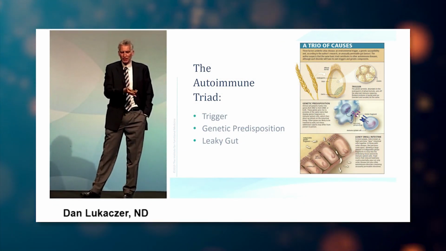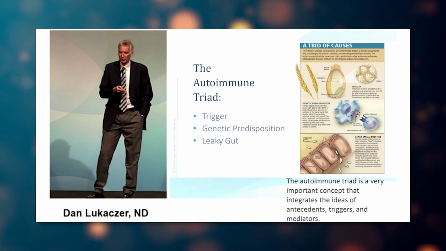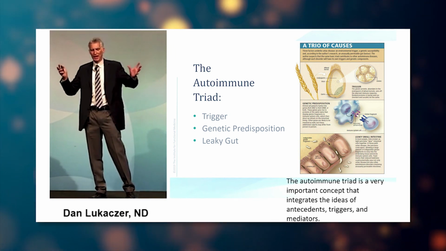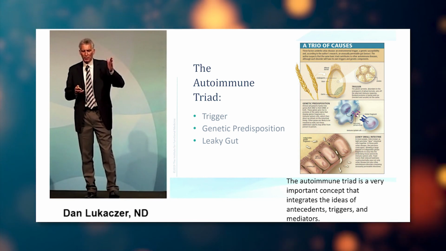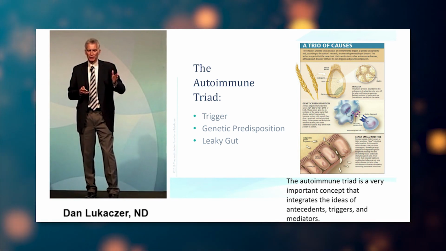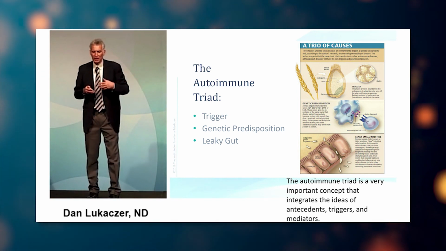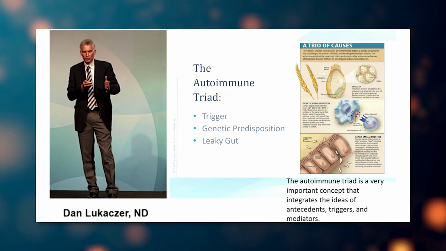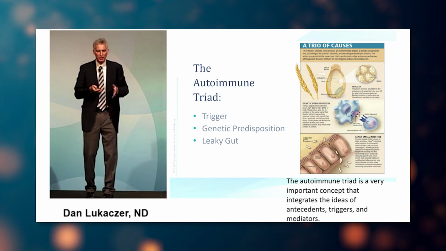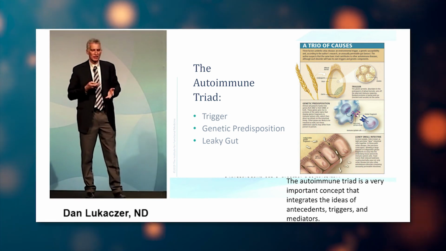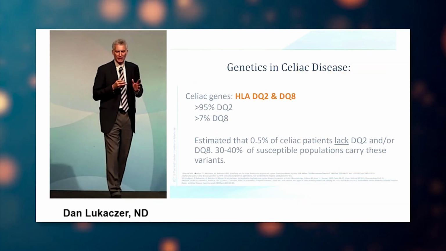The key point here, again, to reinforce what Dr. O'Brien said, though he expanded it out, is that there are three things needed for celiac disease to develop, and by extension, autoimmune disease. You need the trigger, you need a genetic predisposition, and then you need increased intestinal permeability. You need a leaky gut.